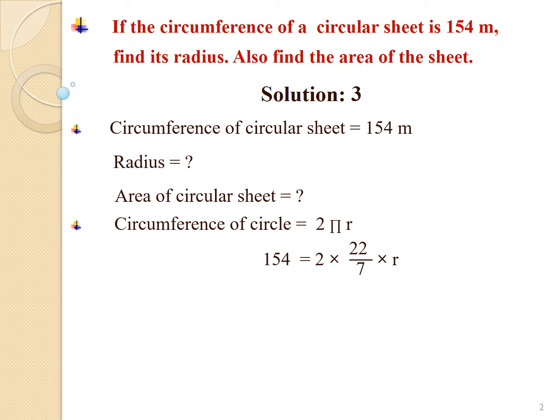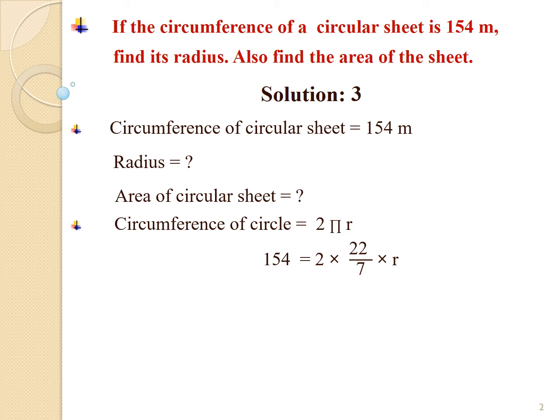Students, now we have to transpose whole number 2 and also fractional number 22 upon 7 from RHS to LHS by writing their reciprocal.